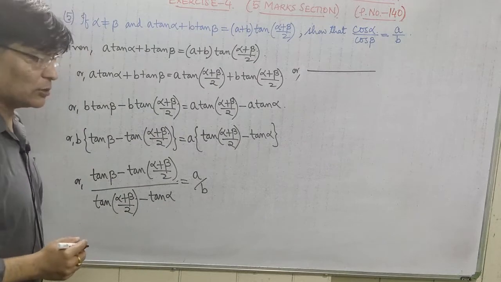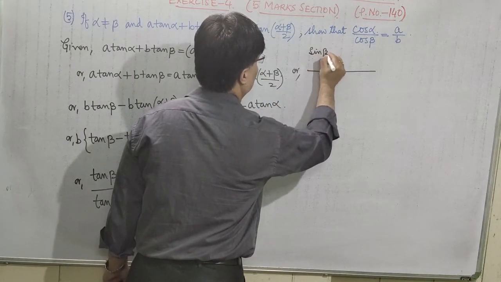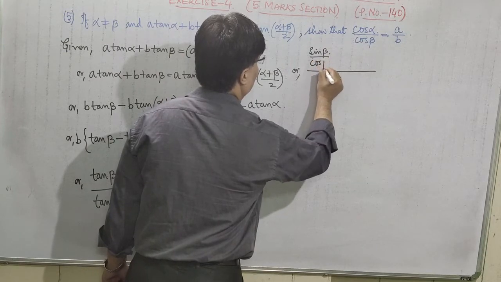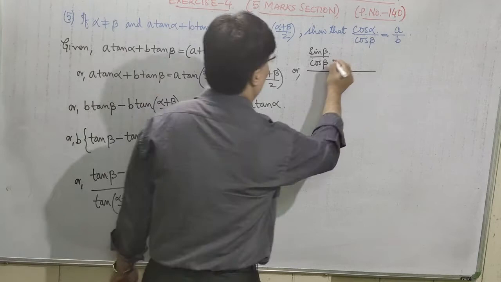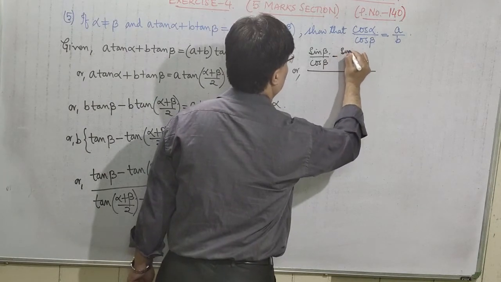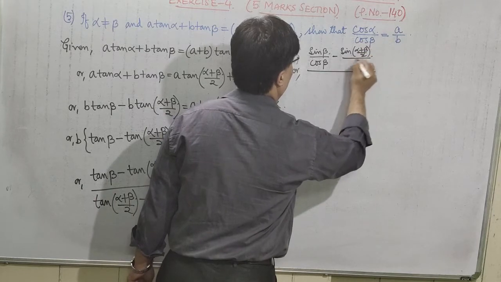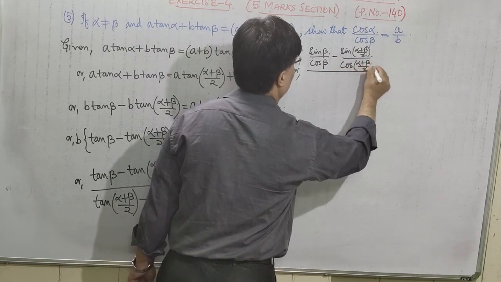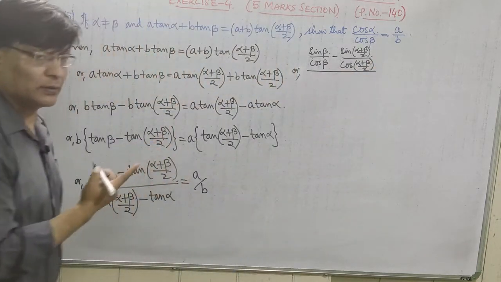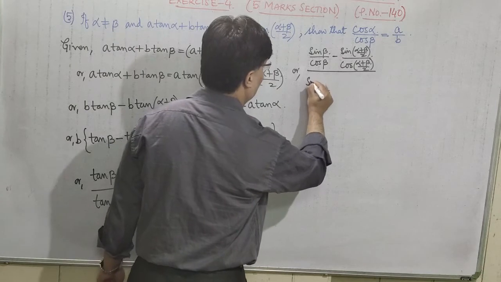Now in the numerator, what is tan beta? Your tan beta is sin beta by cos beta, minus, what is tan here? Sin of (alpha plus beta)/2 divided by cos of (alpha plus beta)/2, that is sin by cos. Similarly, what is tan of (alpha plus beta)/2 again?